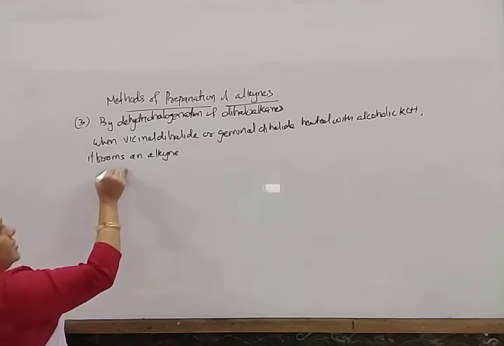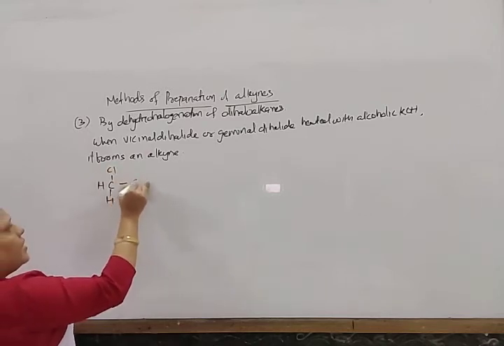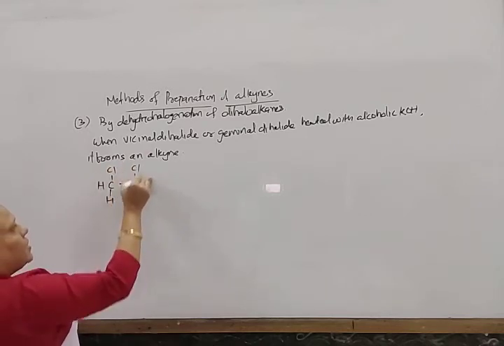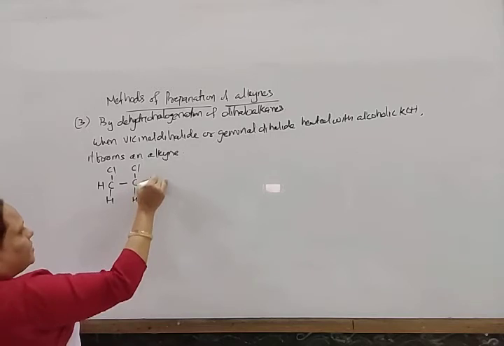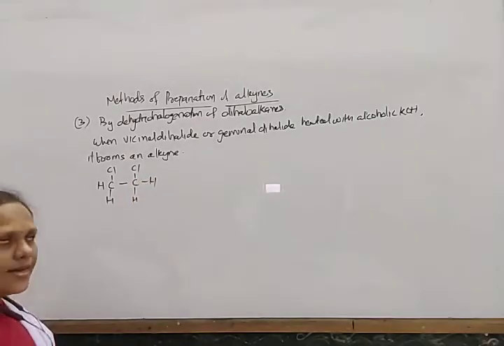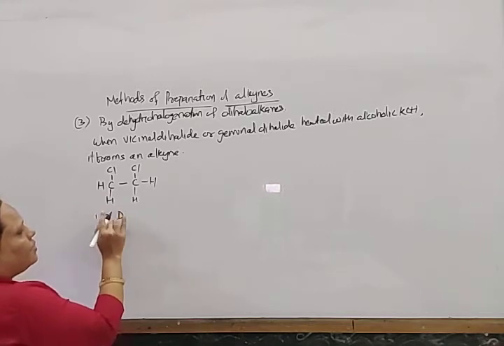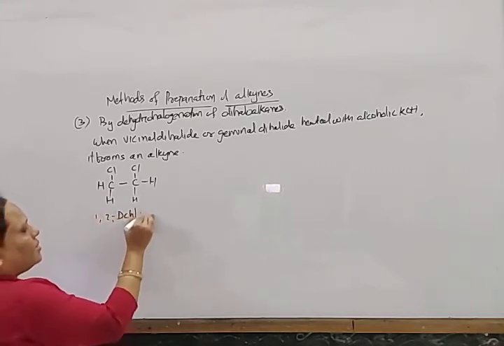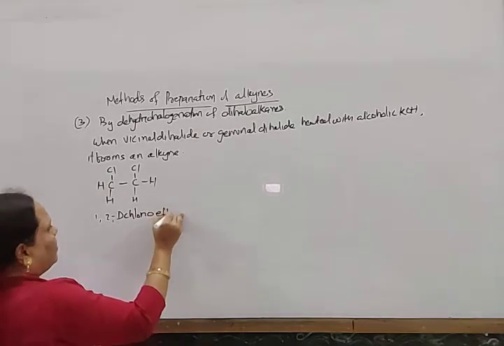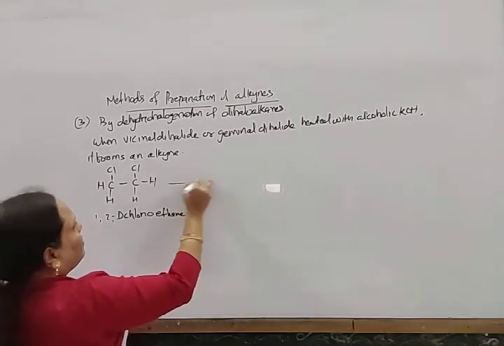Look here, HC with one H and Cl, and the other C with one Cl and H. This is a vicinal dihalide, 1,2-dichloroethane.